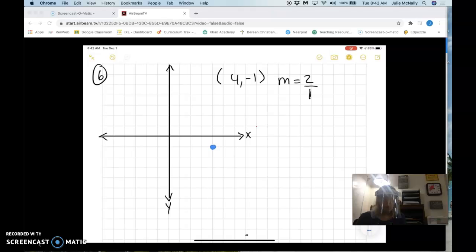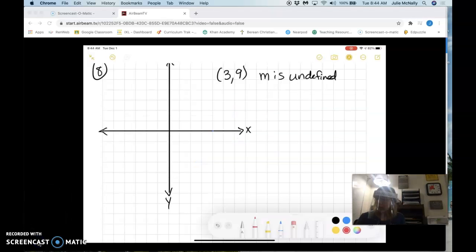And from this point now, I'm going to go up 2, because I have a positive 2, 1, 2, and over 1, always moving to the right for that bottom number of the slope. So that becomes my second point, and there's my line for number 6.